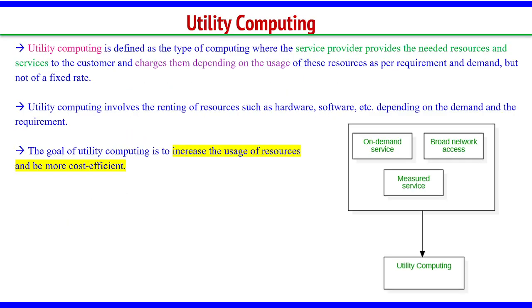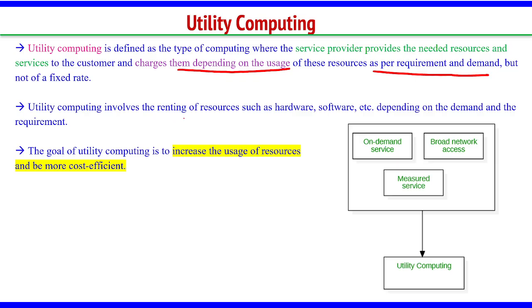Okay, utility services. So, it is defined as a type of computing where the service provider provides the needed resources and services to the customer and charges them depending on the usage. Whatever service you need, we will provide it, but we will charge later based upon the resource requirement and demand.